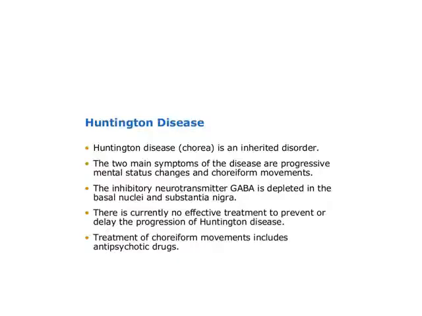There is no effective treatment to prevent or delay progression of Huntington's disease. And there is an important point: when Huntington's disease goes into generations from father to son to grandson, there is anticipation of the gene, and the Huntington's disease occurs at an earlier age in each generation.